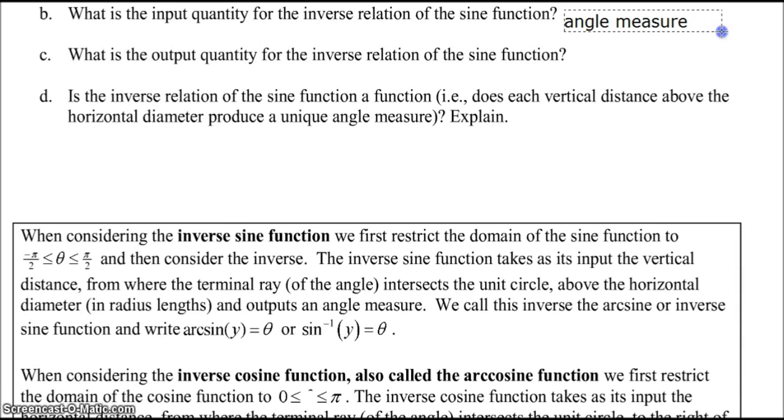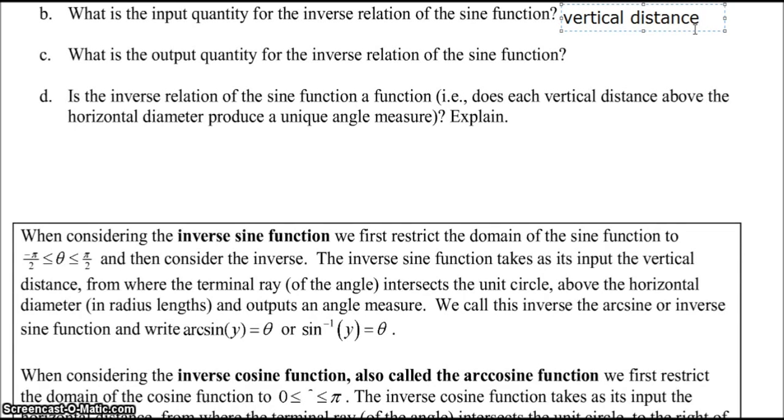So if I go backwards, remember the inverse function undoes what we've done before. So the domain of the inverse function is the range of the original function, and vice versa. So what we're going to be inputting into the inverse function will be what we output in the sine function, vertical distance.